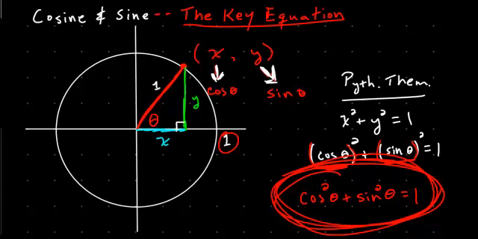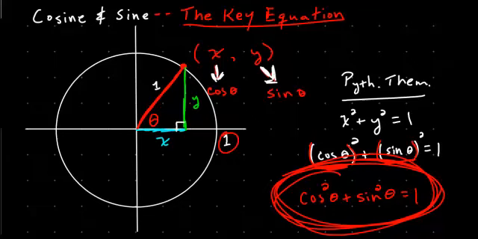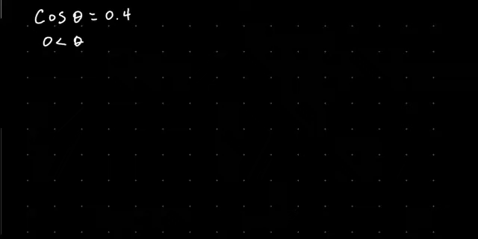Okay? Let's see how we can use that. Let me get a new page here. Okay, so let's say the cosine of theta equals, I don't know, let's say 0.4, and let's say theta is between 0 and pi over 2.